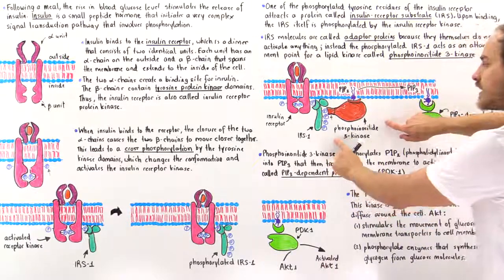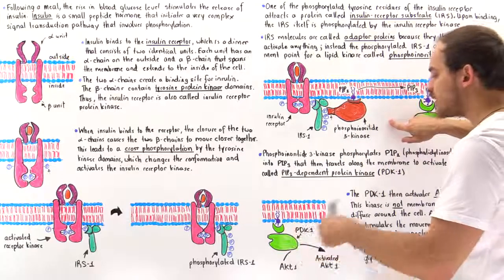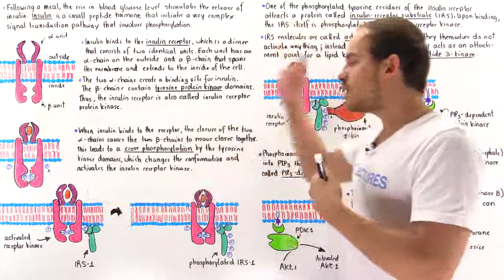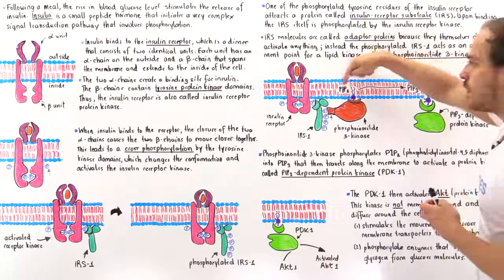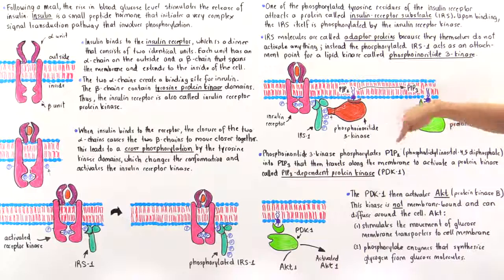Now, what this lipid kinase does is it takes a phosphoryl group from an ATP molecule and places it onto the PIP2, and that creates PIP3. So PIP2 stands for phosphatidylinositol 4,5-diphosphate, but PIP3 stands for phosphatidylinositol 3,4,5-triphosphate.